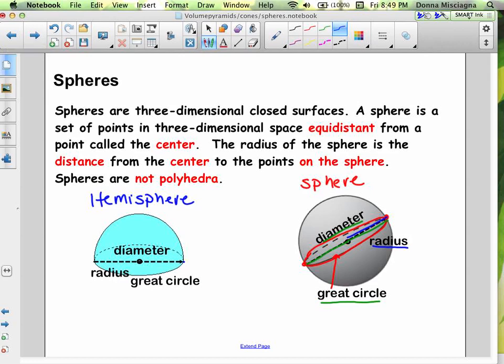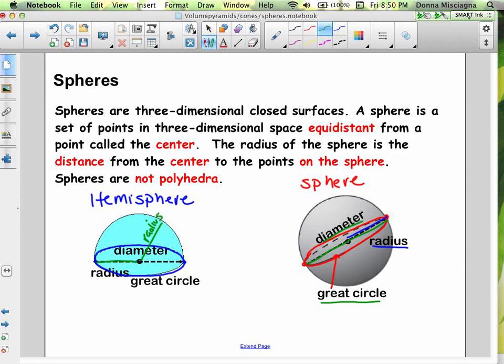The hemisphere has only one great circle. It's right there at the bottom, because that's the only diameter, along the bottom. Everything else, lots of radii. So from the center up here, that would be a radius, but only one diameter, so it only has one great circle.